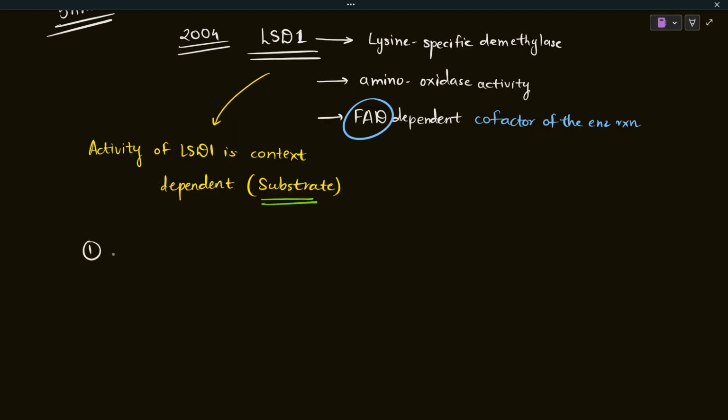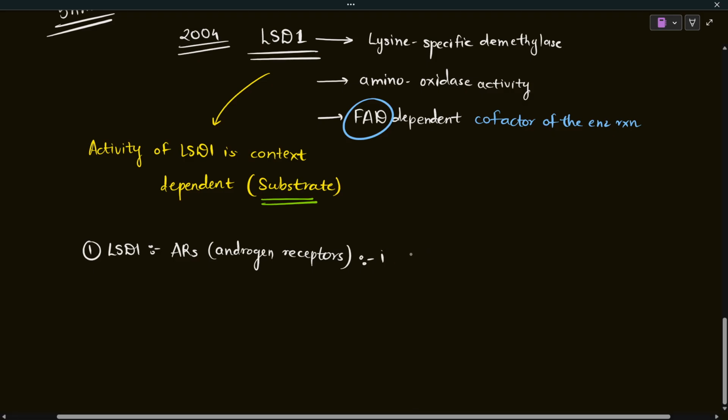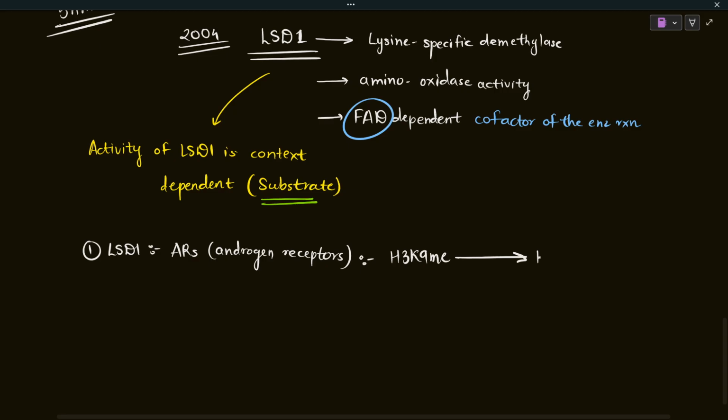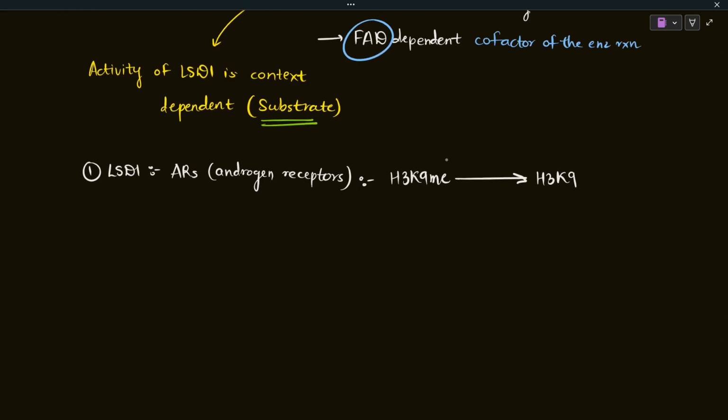Depending on that, the substrate also changes. For example, when LSD1 acts with the androgen receptors, it demethylates the H3K9 methylation mark. So it removes this methylation mark. Okay. So you remember that the H3K9 methylation mark is a repressive mark.